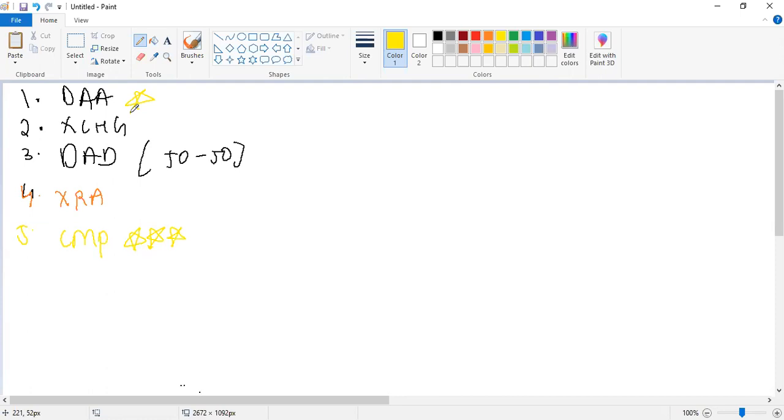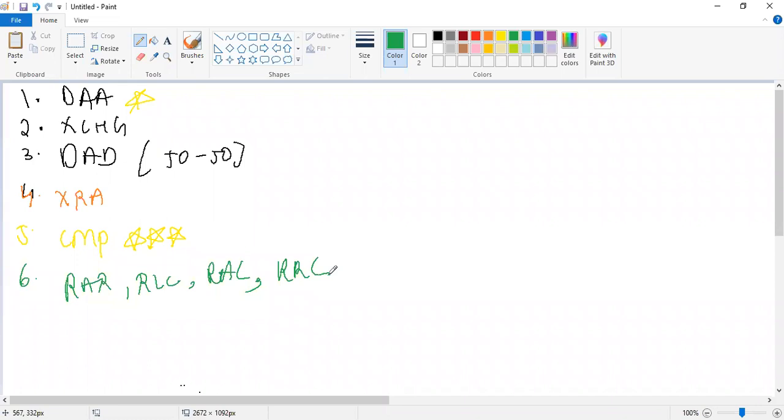Then after this, there is rotate: RAR, RLC, RAL. All these are used for rotation. RRC. So this might come, and this much only.